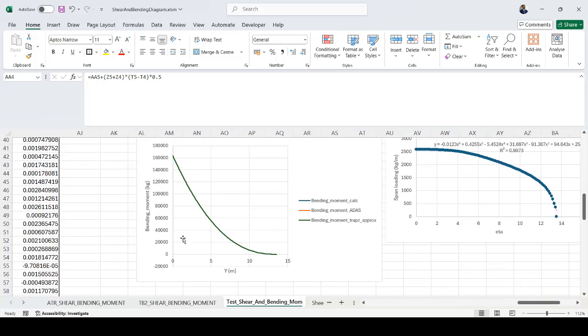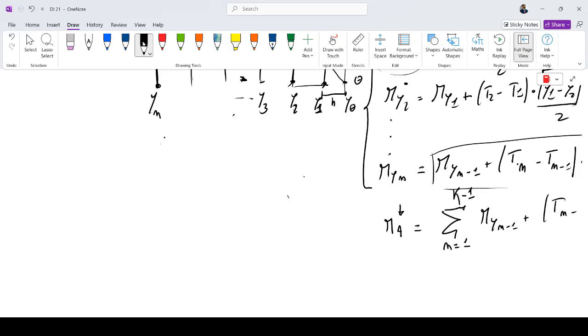Bending moment calc is not the trapezoidal approximation, but is calculated as single loads with respect to a certain point, the summation of single moments. In this case it is quite more difficult, because it is obtained without the trapezoidal approximation.